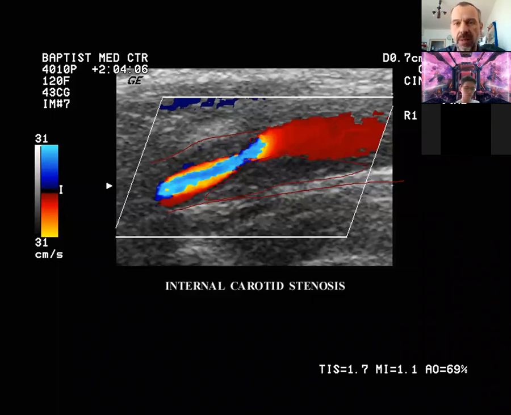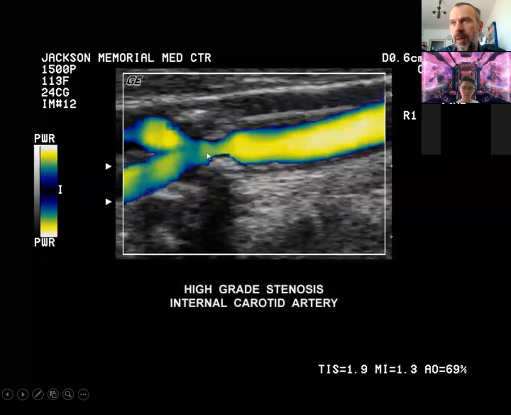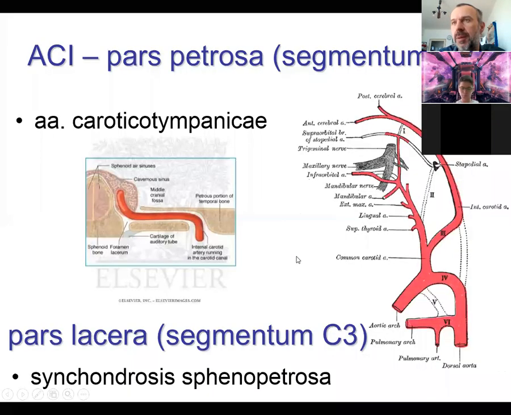So this is a stenosis. Here we can see a stenosis just close to the bifurcation. Of course, if we do not use the Doppler, you can see the stenosis here as well. And the stenosis can be very grave, very critical for the patient.